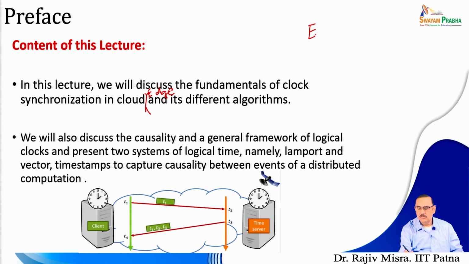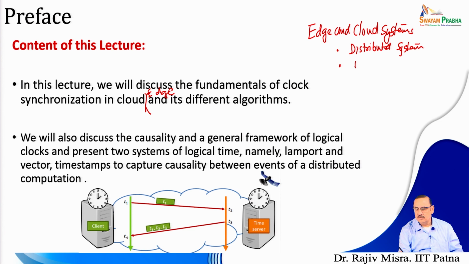So, in the edge and the cloud systems is primarily a distributed systems, and the time synchronization or a clock synchronization across multiple nodes is one of the important issues, and we are going to see the methods.